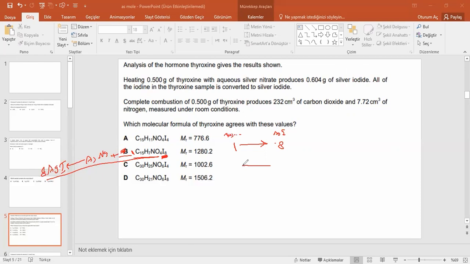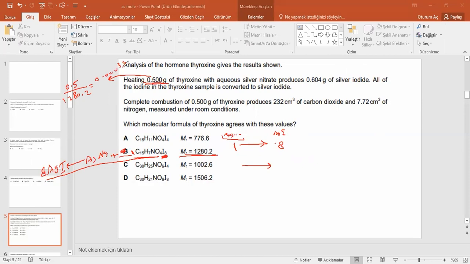Yeah. So how many moles of thyroxine we use here? We do the same thing. If we use 0.5 of thyroxine divided by the molar mass here, 1280.2, this one, guys, will give us, just let me make sure, if you divide them, you will get 0.00039.